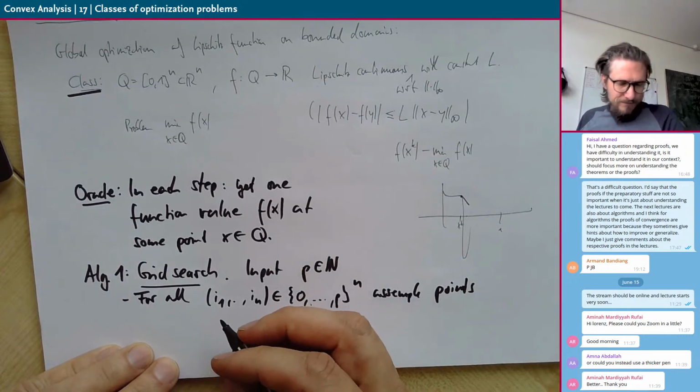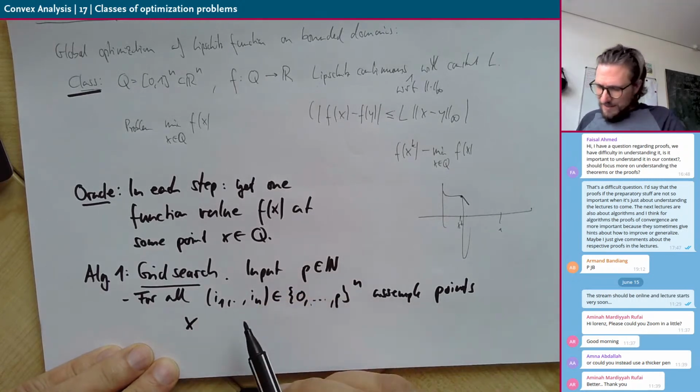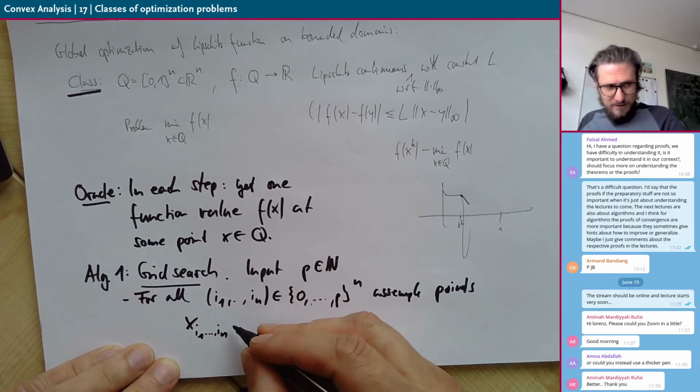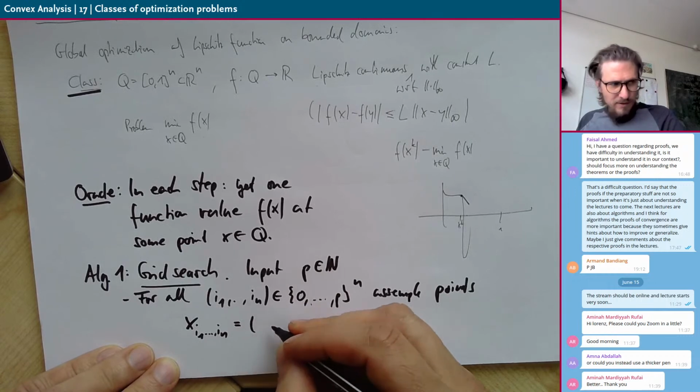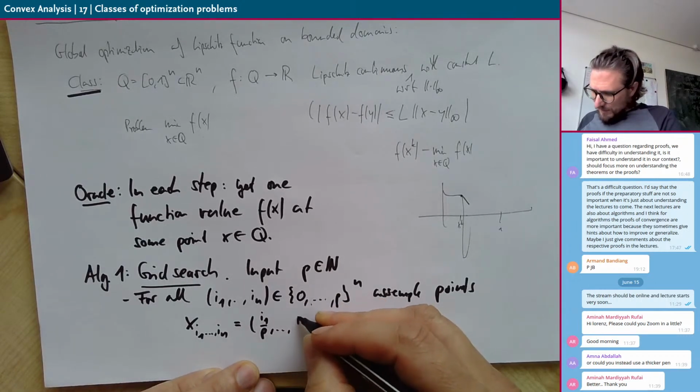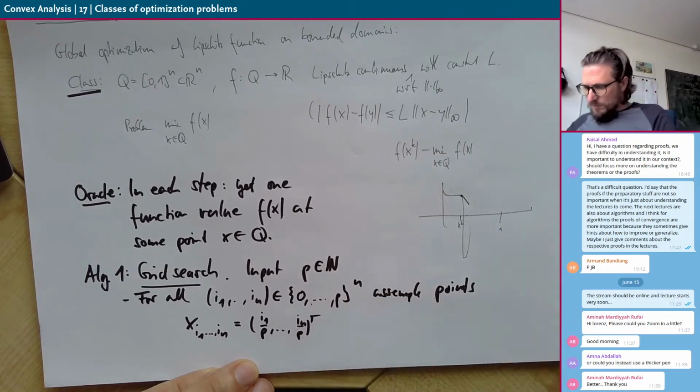The points x with indices i1 to in should be the vector i1 over p up to in over p.